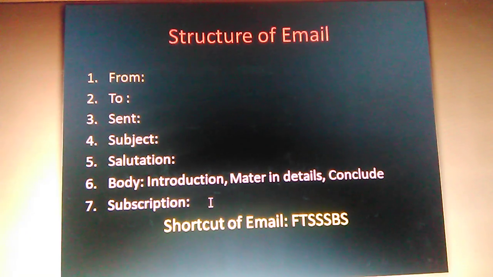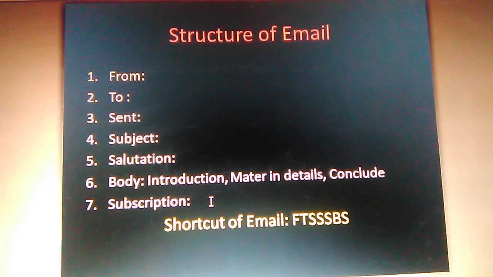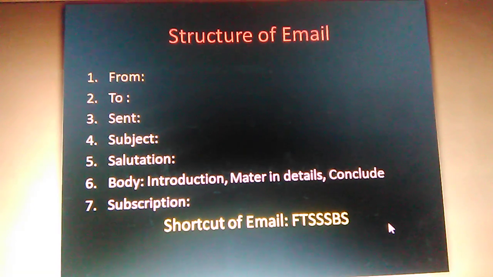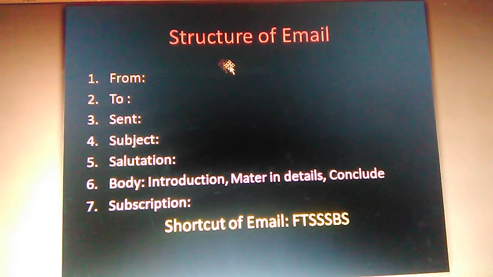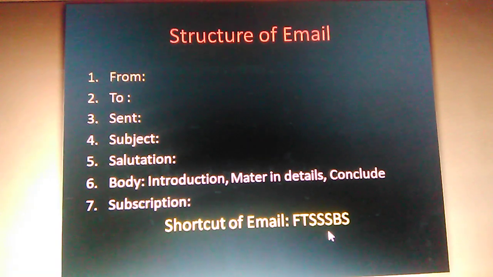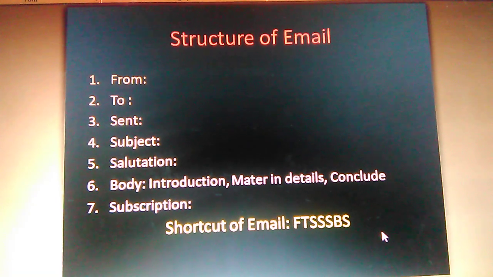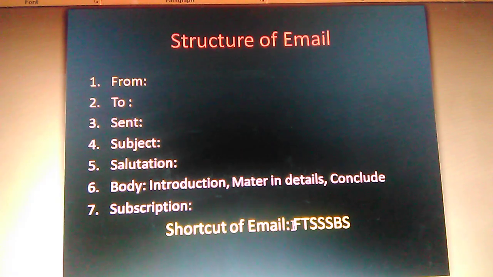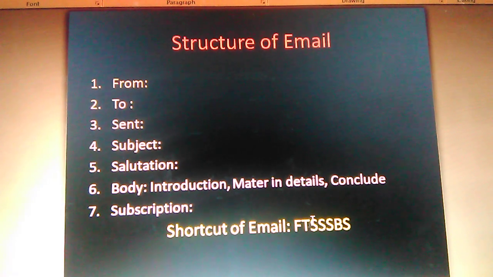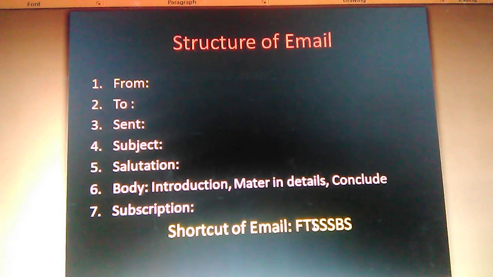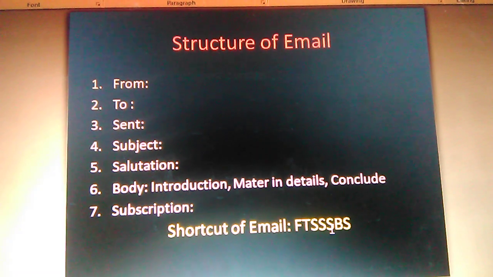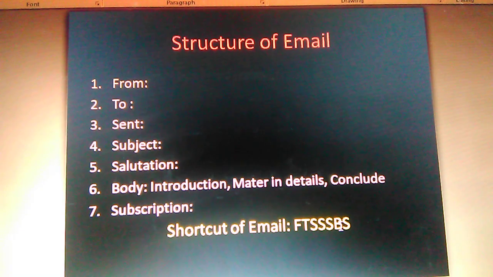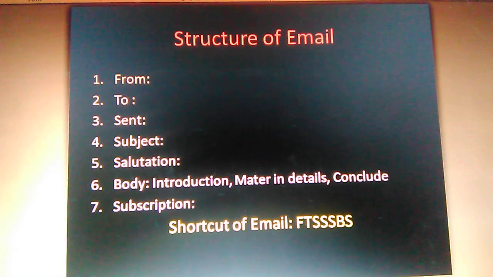And the subscription, that means the closing line, the shortcut of the email. So we can tell the total structure of the email in brief: FT triple S BS. F means from, T means to, S means send, S means subject, S means salutation, B means body, S means subscription.